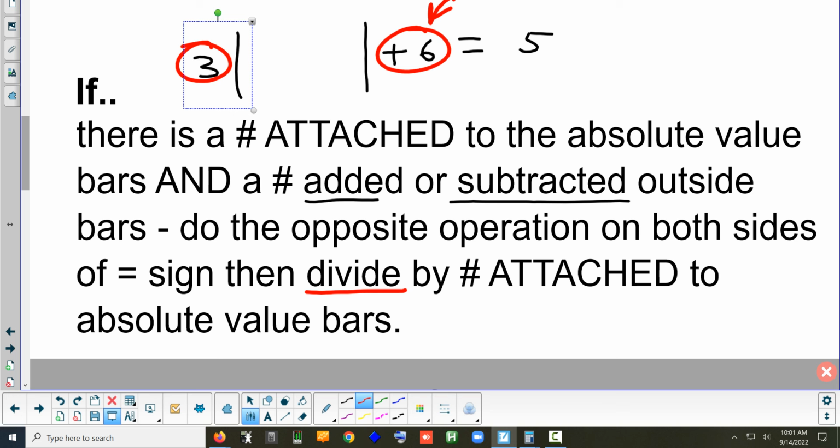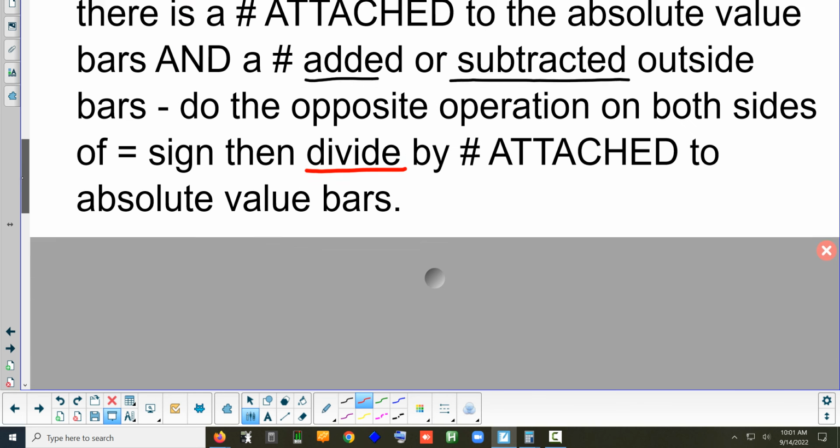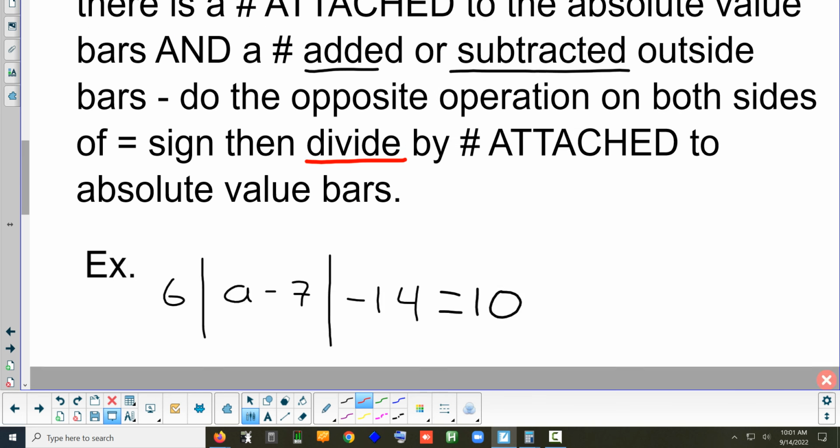All right, so we'll try an example of this where it has 2 things we need to fix before we can solve. Do you guys already have that example printed on your notes?